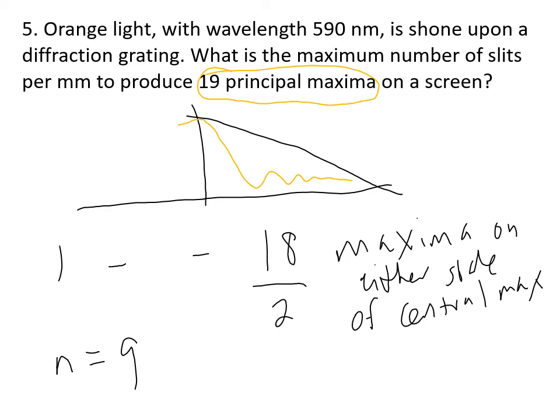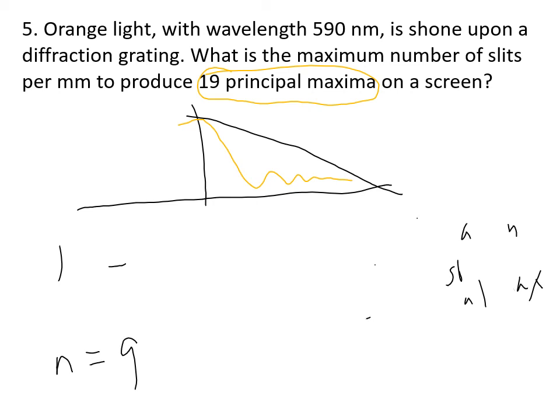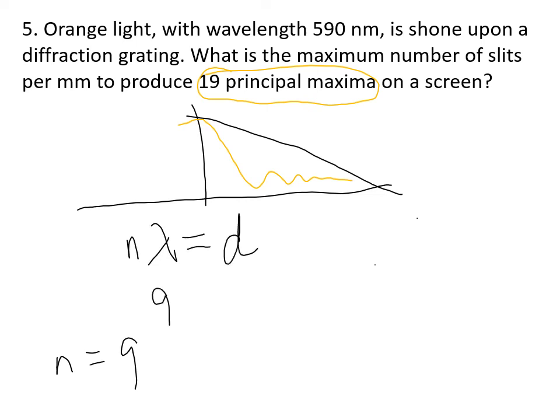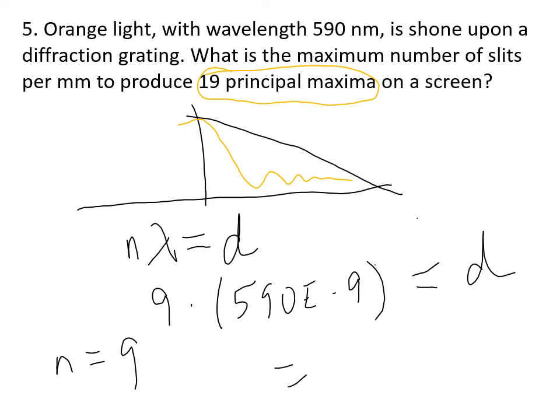So if you use the equation again, n lambda equals d sine theta, and we are at the full spread of the angle, so sine is 1. That equation becomes n lambda is equal to lowercase d. Take 9 times 590e negative 9, and you get a value for the lowercase d as 5.31e negative 6.